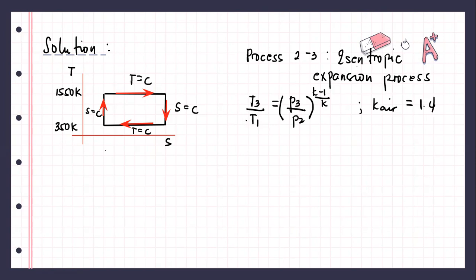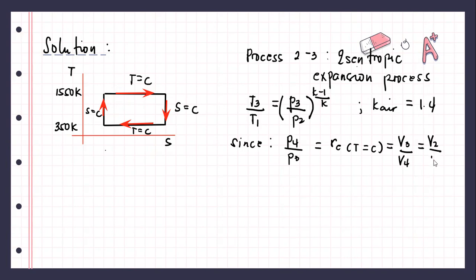Since P4 over P3 is equal to, at temperature constant, V3 over V4 is equal to V2 over V1, which is also equal to P1 over P2.